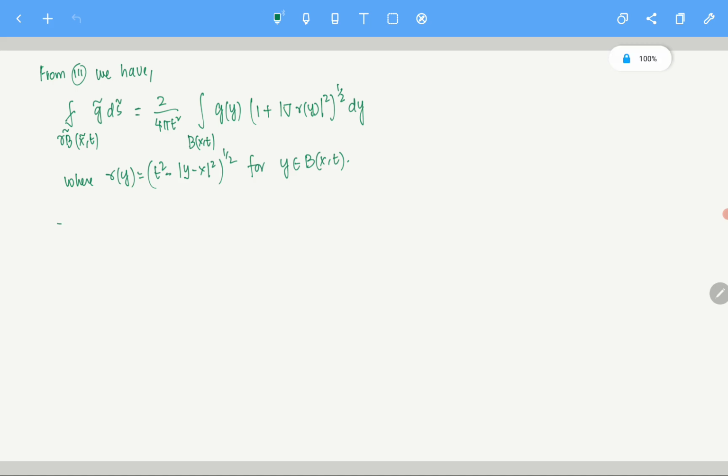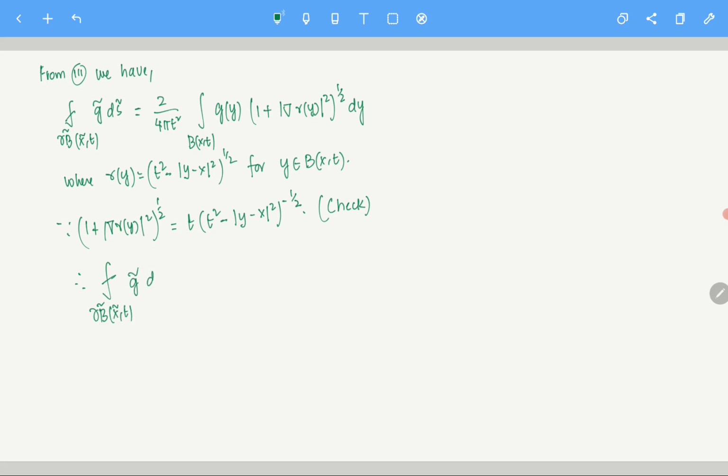Now you see, 1 plus gradient gamma y, the square of that, whole power half, if you calculate it, it is t times t square minus y minus x square whole power minus half. Clear? Of course you can check this part, but there is nothing to check. This is just a calculation. So therefore what we have is the average of g tilde on this b tilde x tilde t, ds tilde.